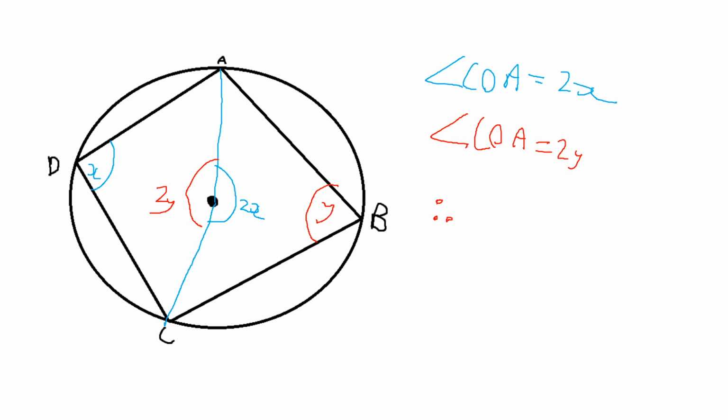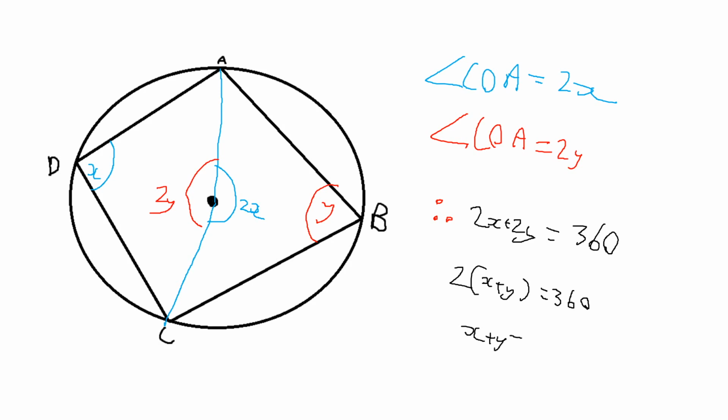Well, it forms a circle, so 2x plus 2y has to equal 360. And now let's factorize, so 2 times x plus y is equal to 360. And divided by 2, x plus y is equal to 180. And now we've proven this circle theorem.